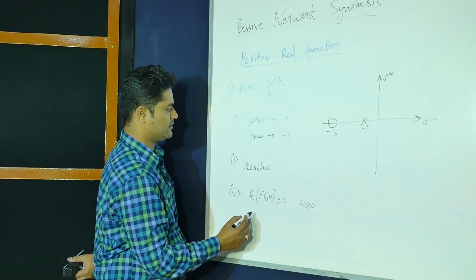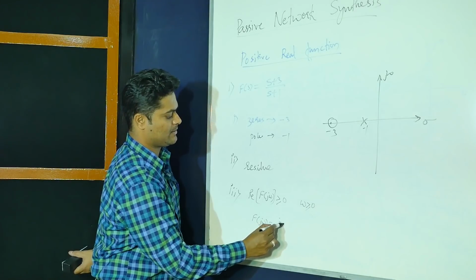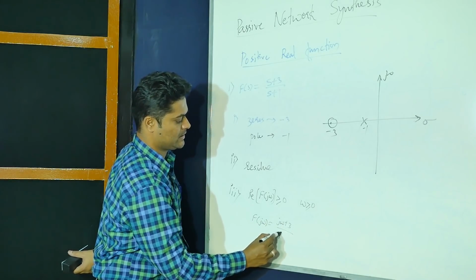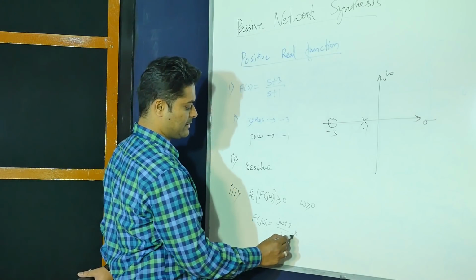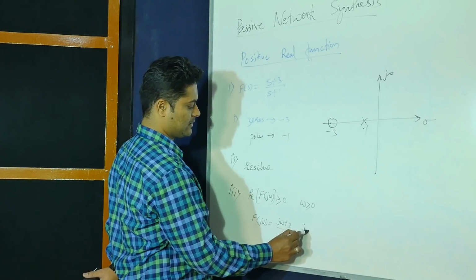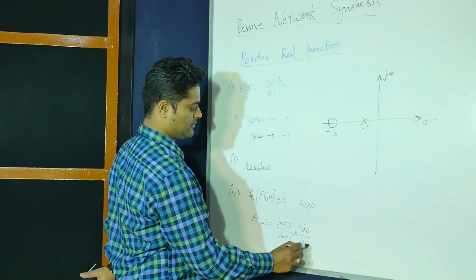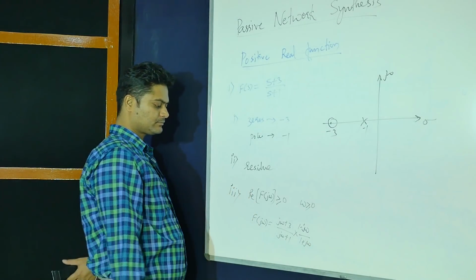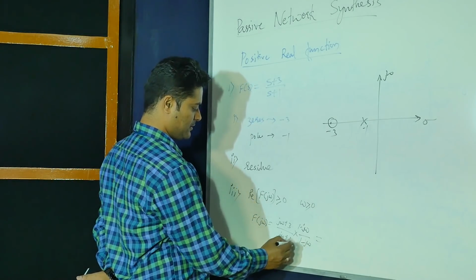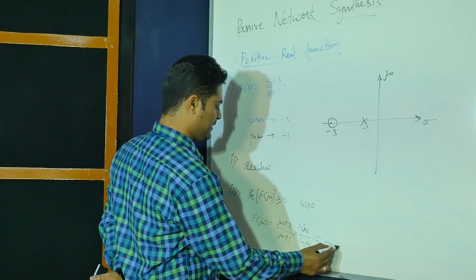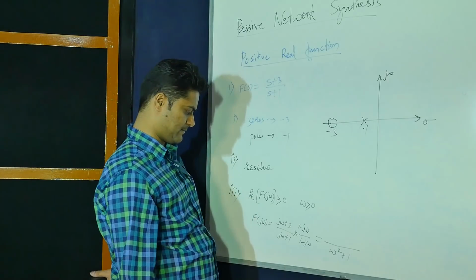Then we can have F of j omega. When I put F of j omega, it is j omega plus 3 by j omega plus 1. Then we can have real part and imaginary part. When I multiply by 1 minus j omega over 1 minus j omega, in the denominator we will have omega square plus 1, a square minus b square.